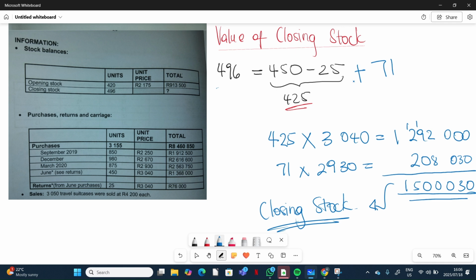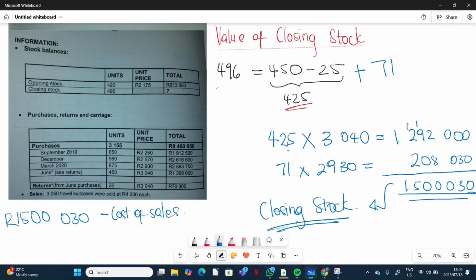Then the rest of the units, which are 71 units, are from March, because remember, the stock from March is still there, some of it, right? Some of it, the 71 units, comes from it, because we're dealing with the first in, first out method, right? So now I'm just going to write down the 1,500,030 right there on the side. And that is what this is, our cost of sales.